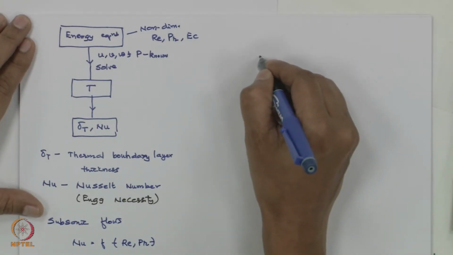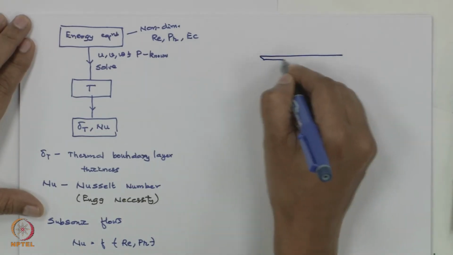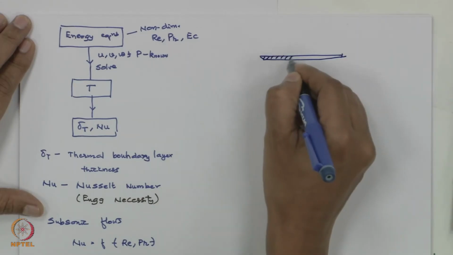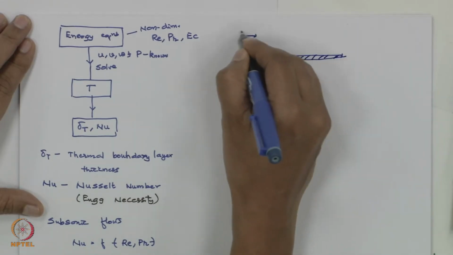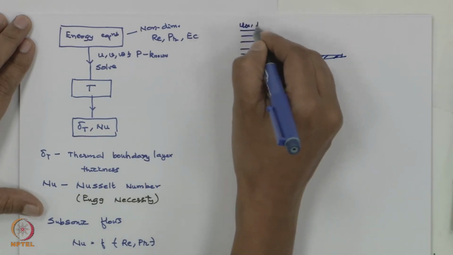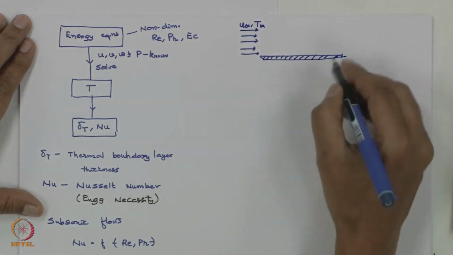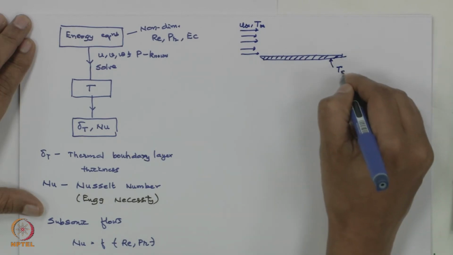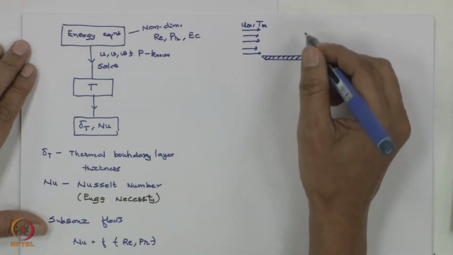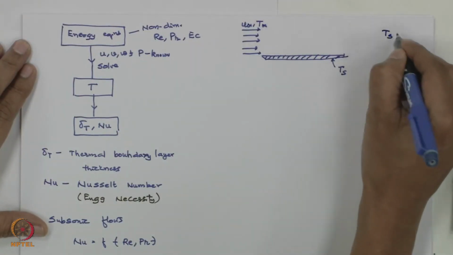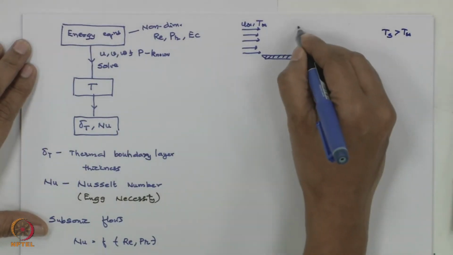So, let us say I take again a flat plate, and in this flat plate there is a free stream velocity flowing with velocity u infinity, whose temperature is T infinity, and I am maintaining this plate at a temperature Ts. T infinity can be greater than Ts or Ts can be greater than T infinity, it does not matter. One is heating the other. Now, in this situation, here I am taking Ts greater than T infinity to show the thermal boundary layer thickness.